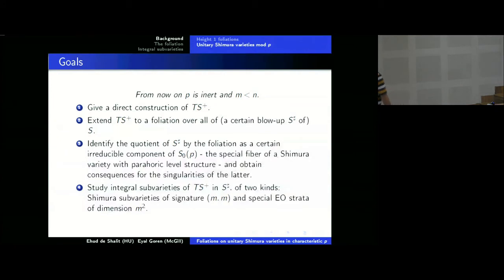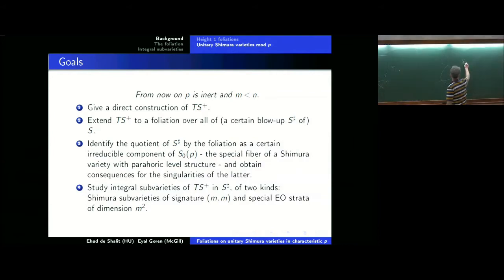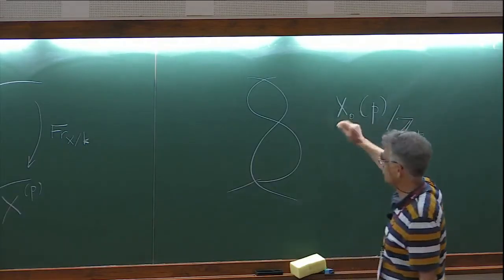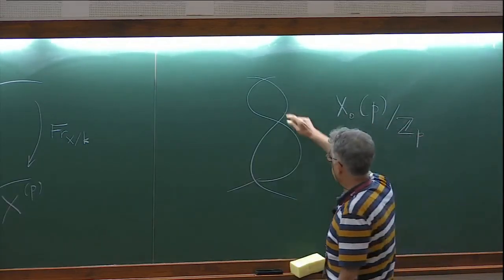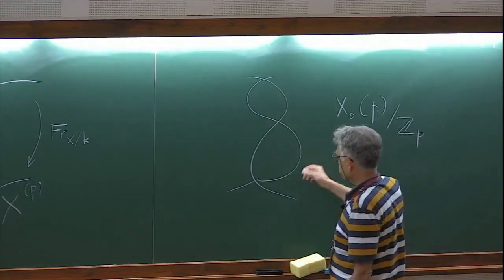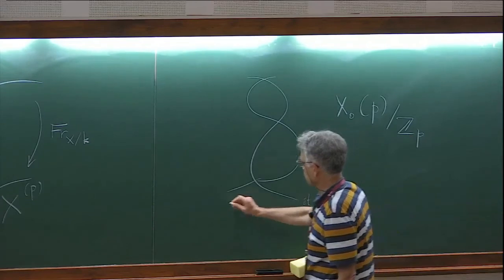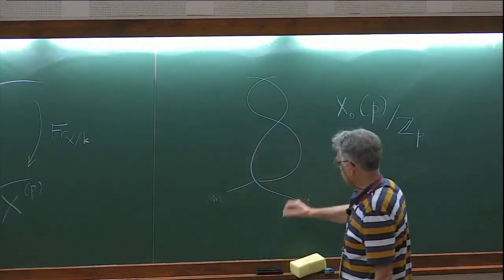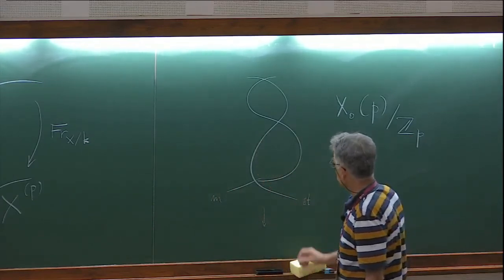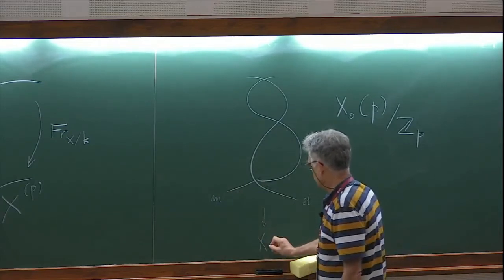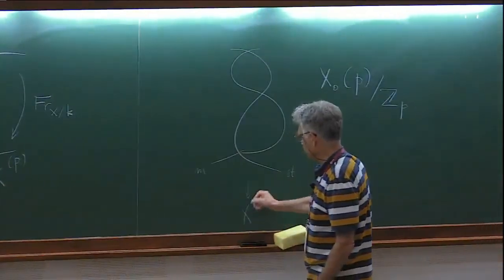I guess most of you are familiar with this famous picture from Deligne-Rapoport of the classical modular curve X_0(p) over Z_p. It has this nice structure where you have two strands, both of which are P^1s, one is the étale strand, the other one is the multiplicative strand, and they somehow map to X(1).